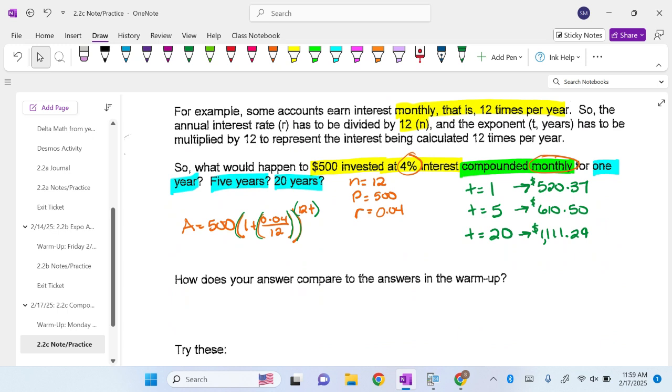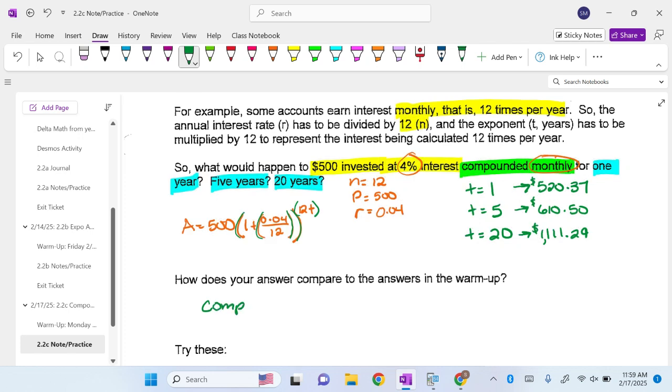You're doing the 4% more times. So that's why if you compound monthly or every 6 months, you actually make a little bit more money than you would per year because it's doing it more. So it builds up a bit more.